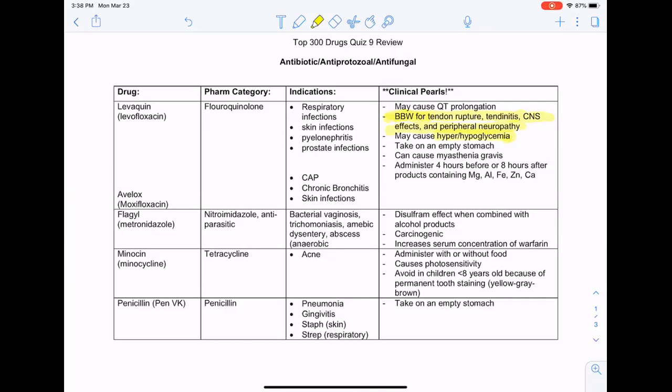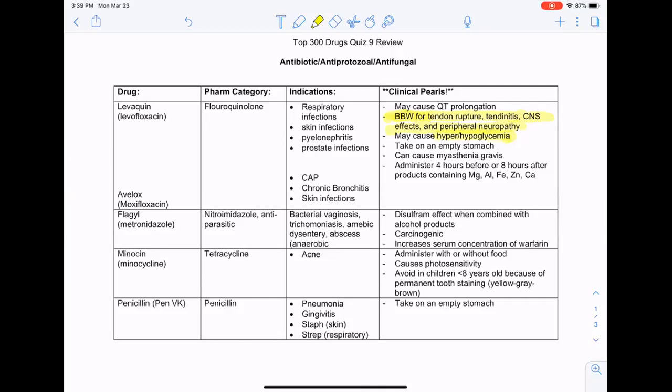So next one on the list is another antibiotic, and this one is called Flagyl. It's a nitroimidazole, that's the class, and it's an anti-parasitic as well. This one here is used for bacterial vaginosis, trichomoniasis, amoebic dysentery, and different types of abscesses.